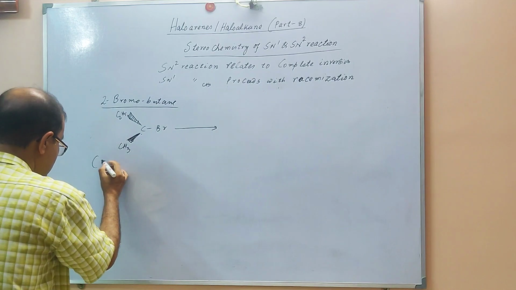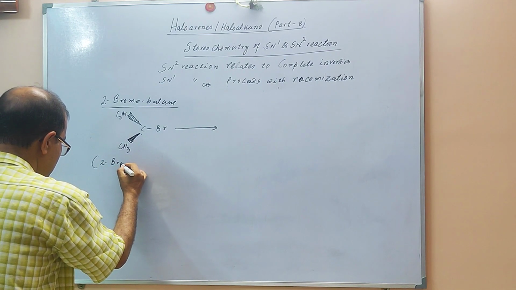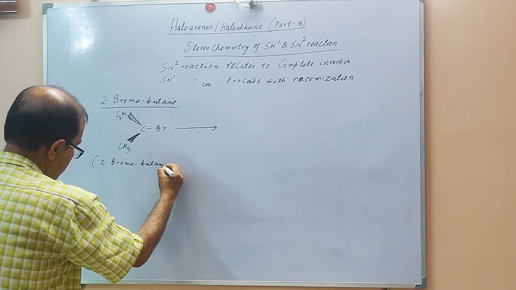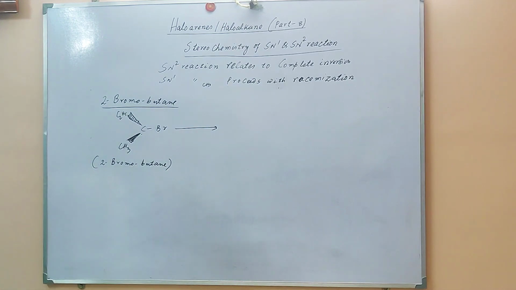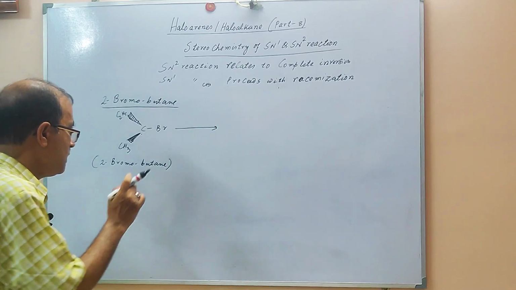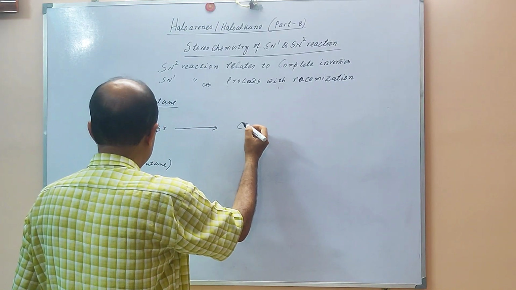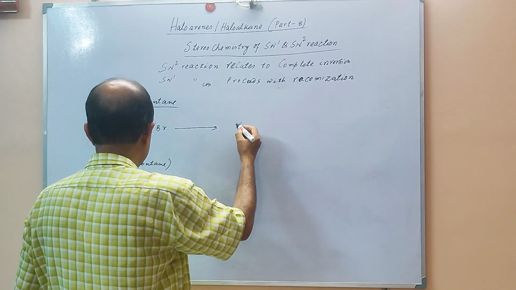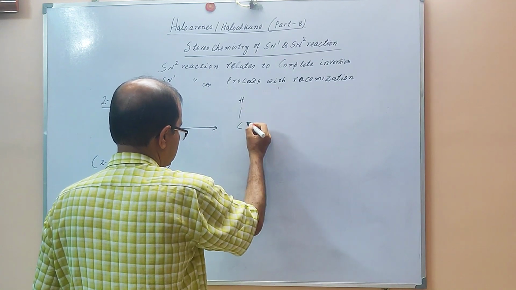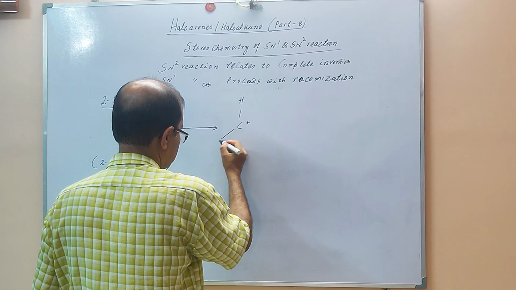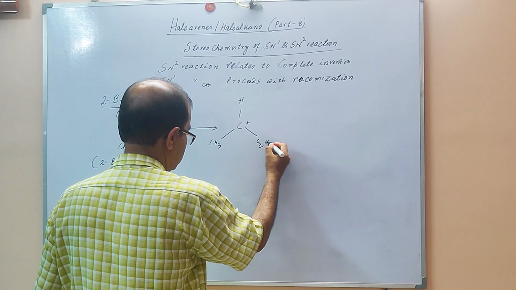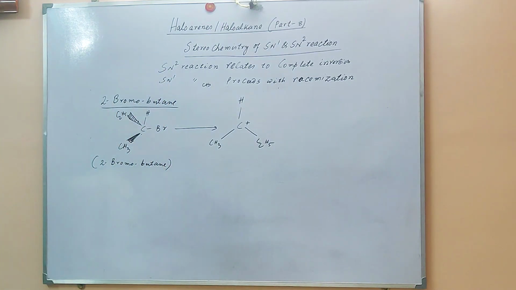This is 2-bromobutane. For the Sn1 mechanism, there will be two steps. In the first step you can see the production of the carbocation.